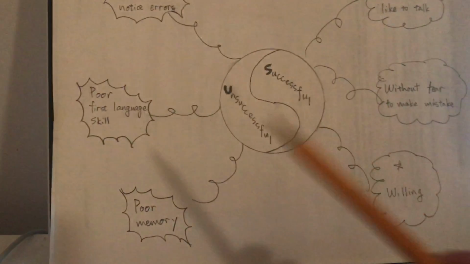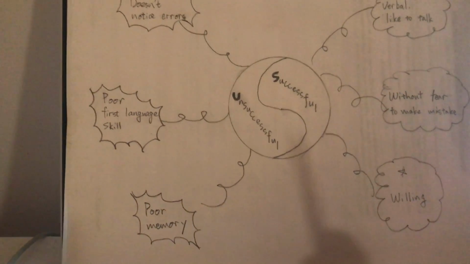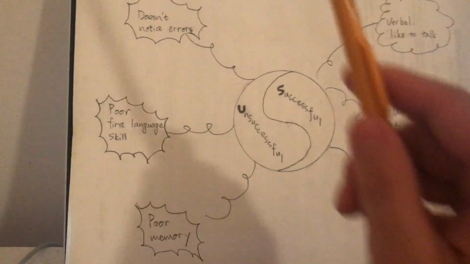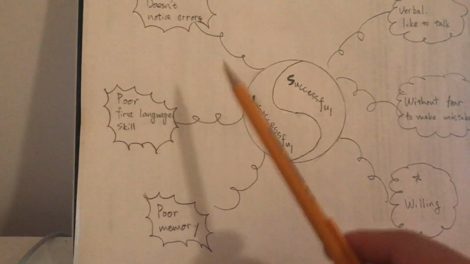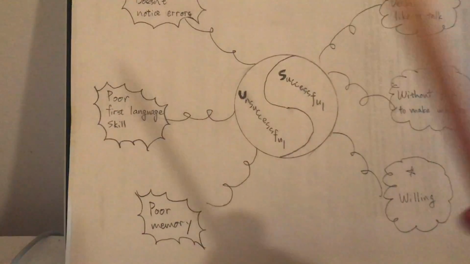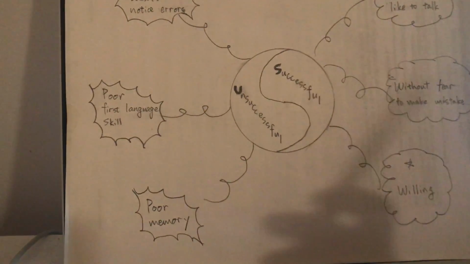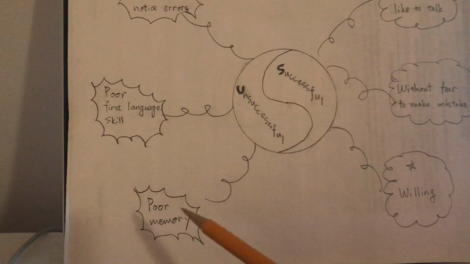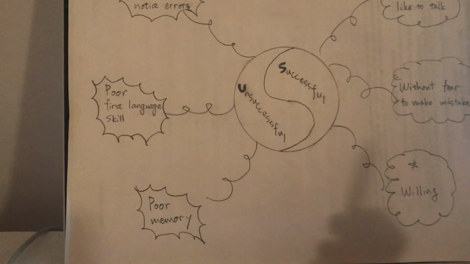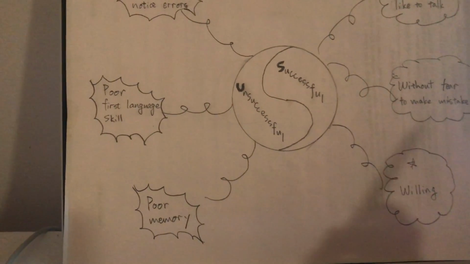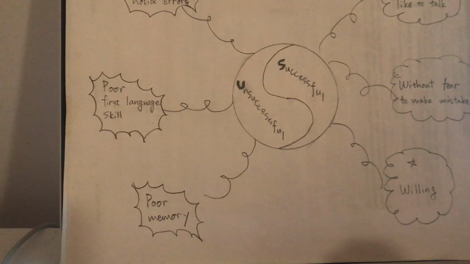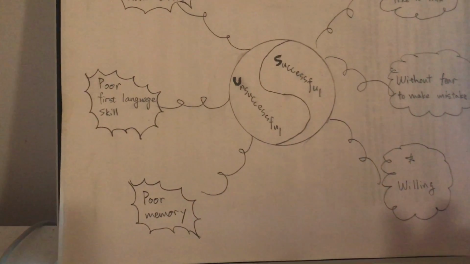And the final one is poor memory. So if we say that not noticing errors and poor first language skills can be changed by the environment, by parents, or by educators, then poor memory may be natural. And it's really a shame that poor memory is hard to change.